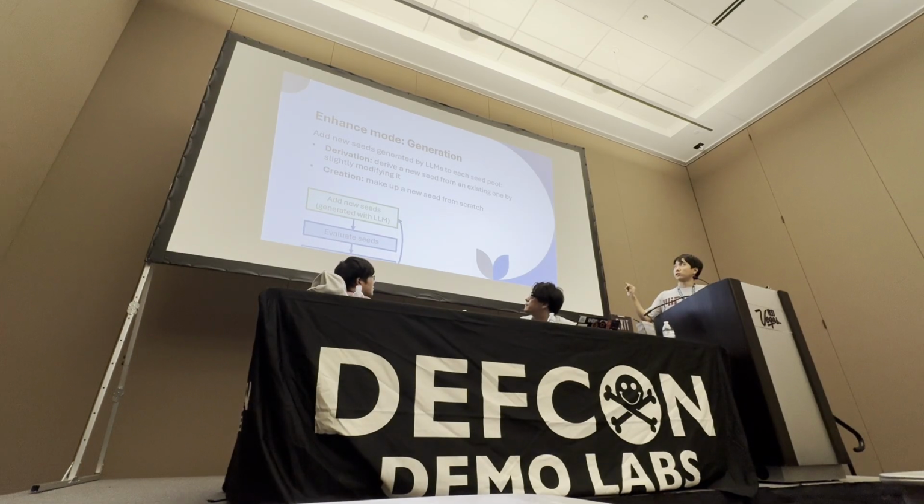But in detail, first of all, the generation part. As I said, new seeds are generated by LLMs in two ways. First, derivation. It derives a new seed from an existing one by changing the tone or maybe changing just a single word. It's pretty much up to the LLM. For folks familiar with genetic algorithms, this is kind of like mutation. And creation just makes up a new seed from scratch using the predefined hard-coded system prompt for each seed pool, seed type.